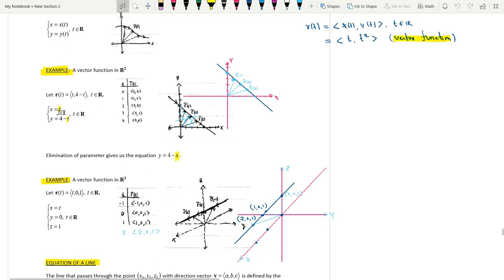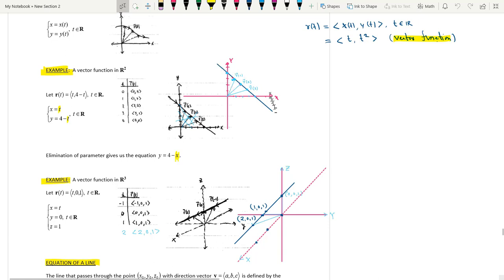If t equals 1, x becomes 1, y becomes 3. If t equals 2, x becomes 2, y becomes 2. Similarly, you will get other 2 points. Now on the xy plane, if you plot those points and connect them, then you will get a straight line. That means this straight line is the graph of this vector function.